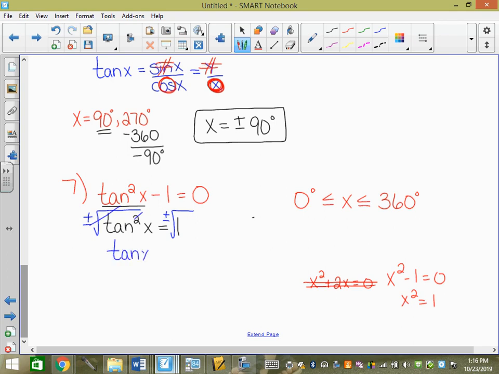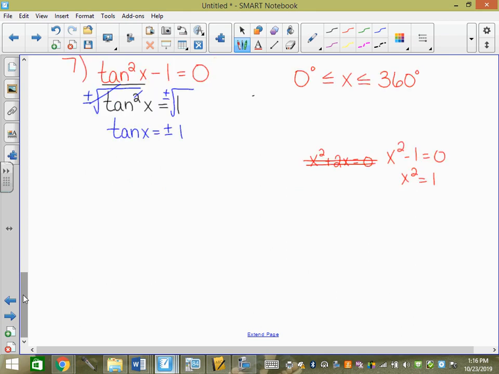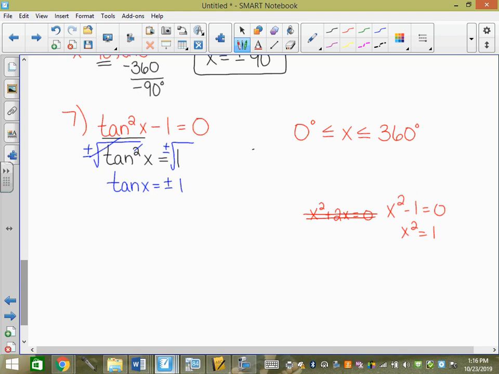So tan x equals plus or minus 1. So we actually have two separate answers here. We have to find out when tan x equals 1, get all those solutions, and then find out when tan x equals negative 1 and get those solutions.